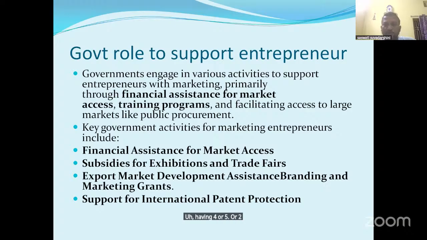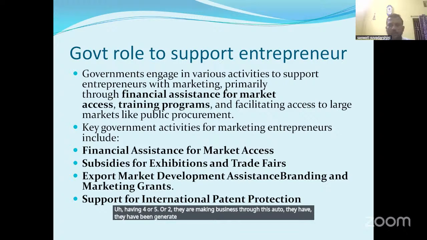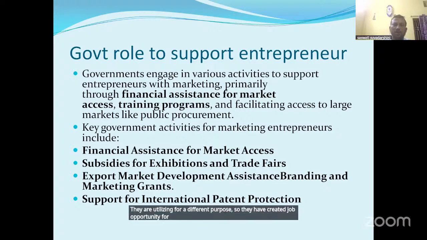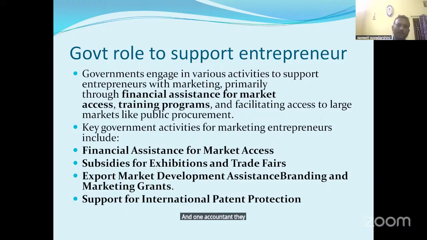They are making business through these autos. They have generated employment for 6 persons, those who are driving autos. So they have autos, they are utilizing them for different purposes. They have created job opportunity for 5 persons who are working as drivers, and one accountant they have kept. So they have created job opportunity for 6 people.